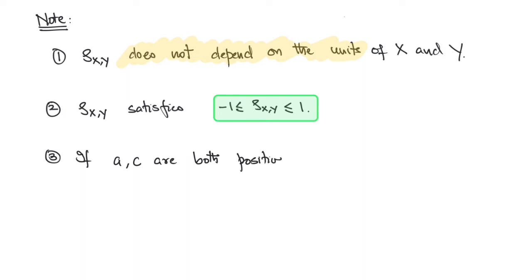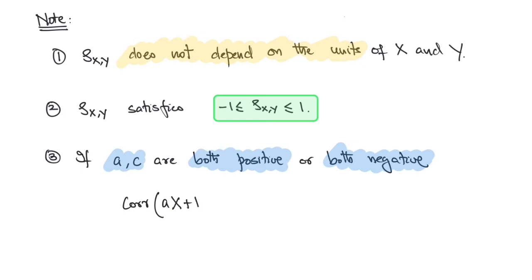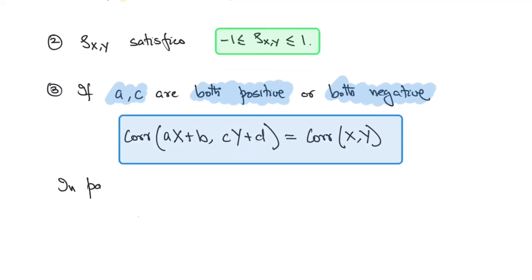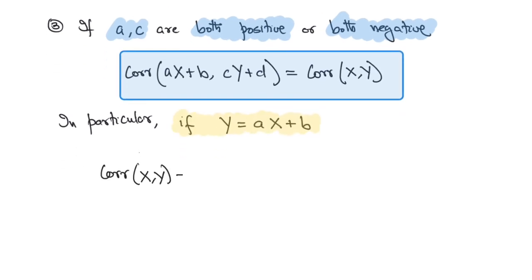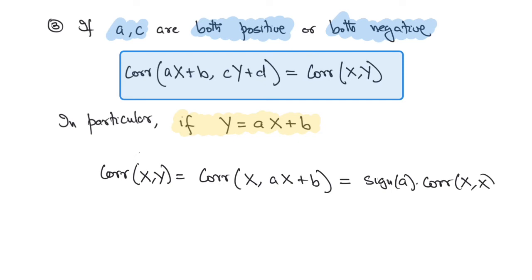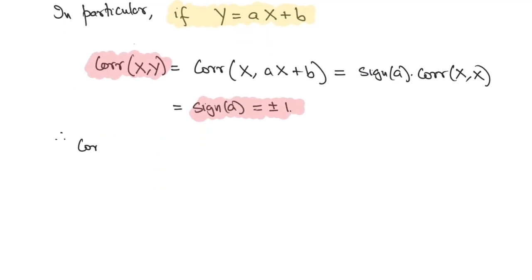If a and c are real numbers which are both positive or both negative, the correlation coefficient of ax plus b and cy plus d will be the same as the correlation coefficient of the random variables x comma y. In particular, if y had a perfectly linear relationship, that is y was equal to ax plus b, the correlation coefficient of x comma y would be equal to either plus or minus 1, and the sign would depend on the sign of the number a.